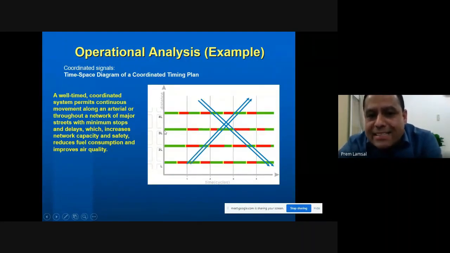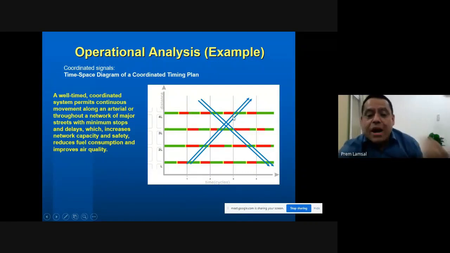When it is reaching another intersection, again it is green there. So the vehicle in this direction will get a kind of free flow, because these signals are coordinated with each other. They are communicating with each other.